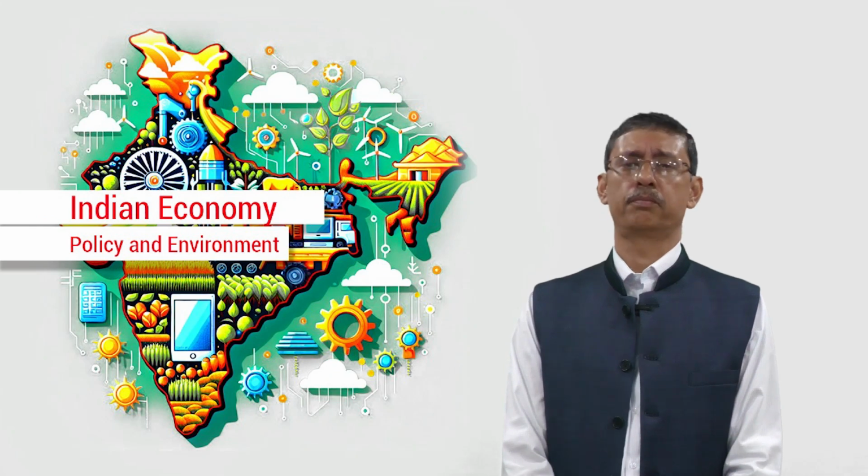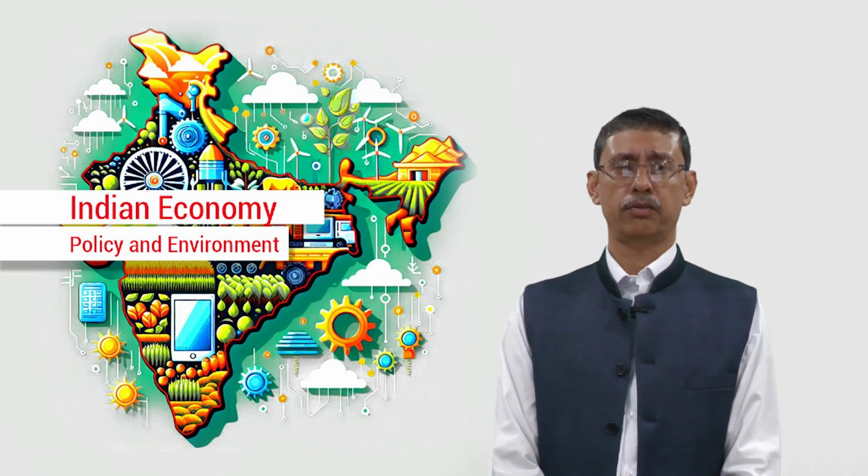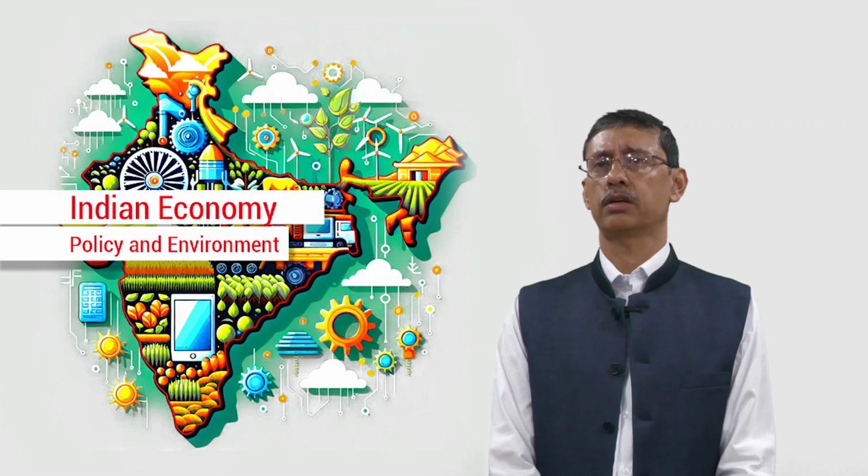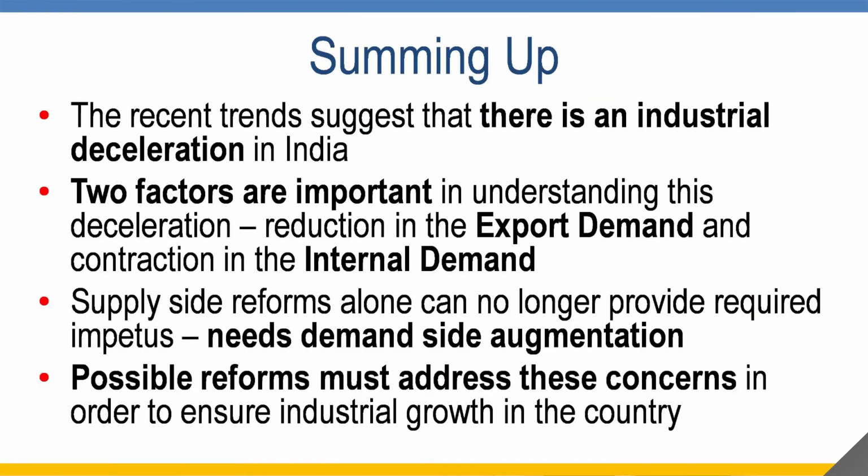So let me sum up today's discussion with 4 major takeaways. One is that the recent trend suggests that there is an industrial deceleration in India, and that has become more prominent during the last couple of years. We have understood that 2 factors are important in understanding this deceleration.